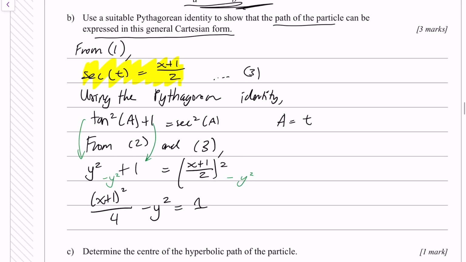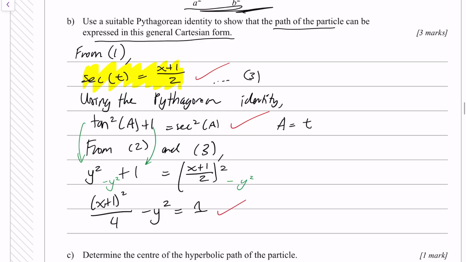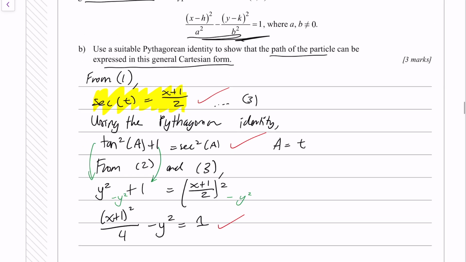Like, those are the 3 marks I get. So the first mark is by expressing sec t as the subject of the formula. So having that on the one side of the formula, and then using the suitable Pythagorean identity, so rewriting that equation, and then having our final step as expressing that as the path of the particle in the general Cartesian form.